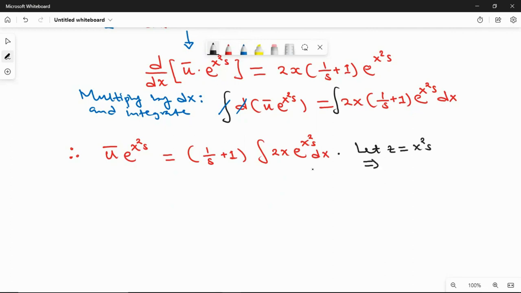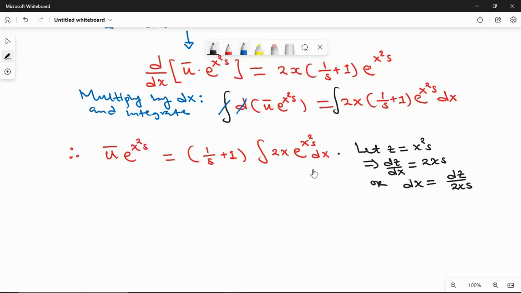So from here, we can get dz/dx to be 2x s, or when you make dx the subject, dx will now be equal to dz over 2x times s. So that's what we have.